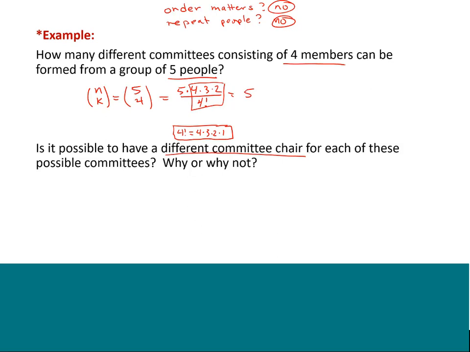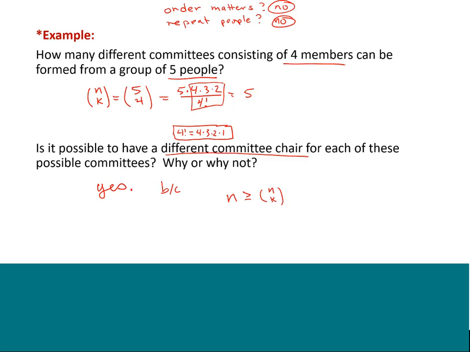The only possibilities of answers there are yes or no. Ooh, I've got 1 vote for yes, 2 votes for yes. Yes, you guys are correct. The answer here is yes, and the reason for that is your total number of people, your N, is greater than or equal to the number of committees that you actually picked.